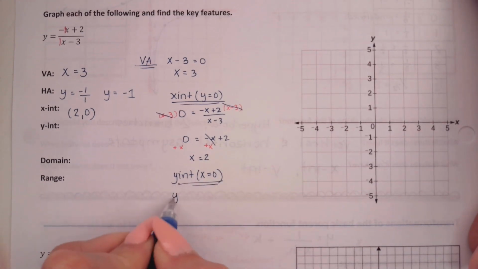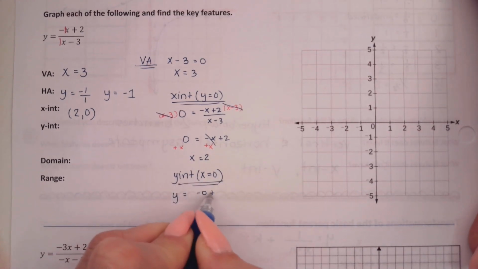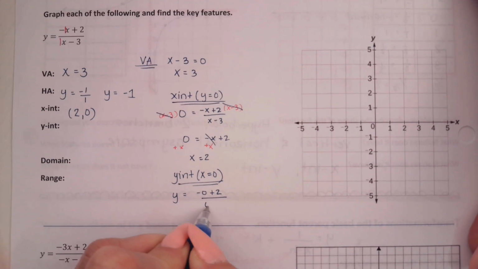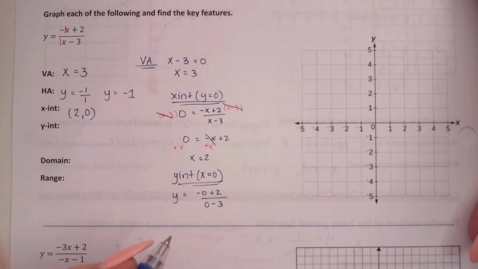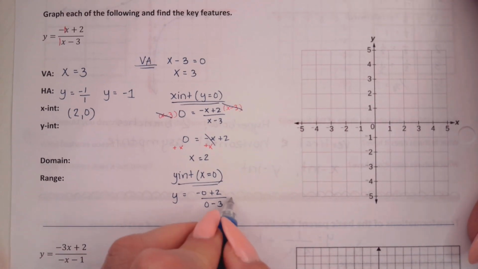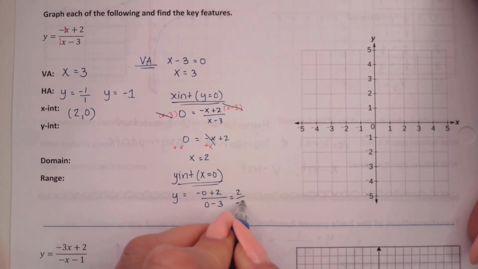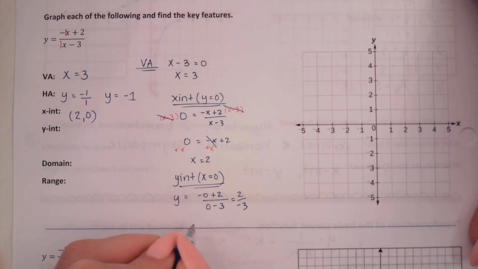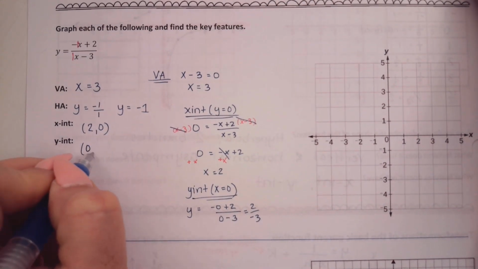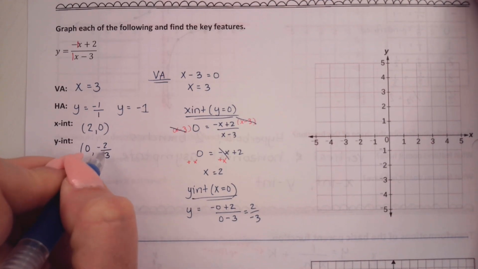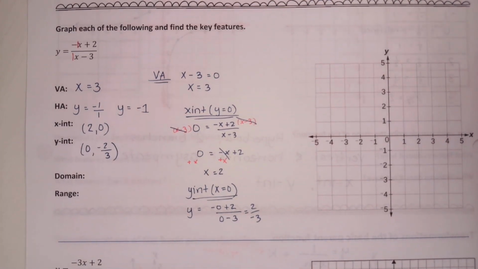So I'll have y equals negative 0 plus 2 over 0 minus 3. What does that simplify to? Negative 2 over 3, which is just negative 2/3. As an ordered pair, though, how would I write that? 0, negative 2/3.